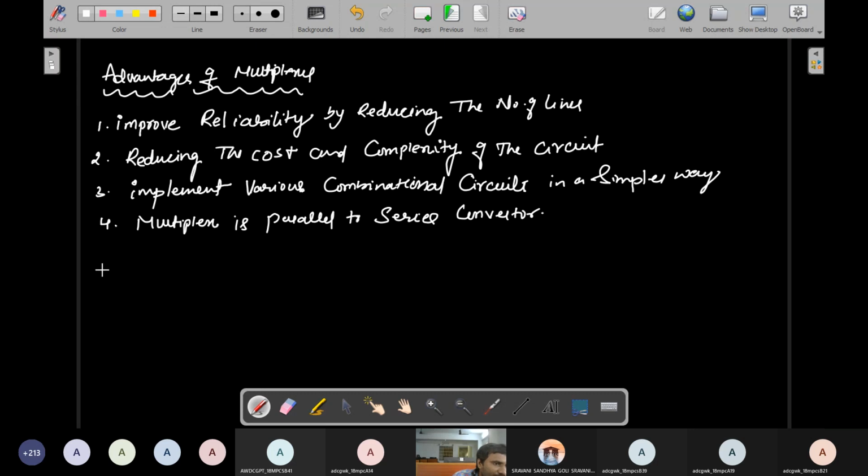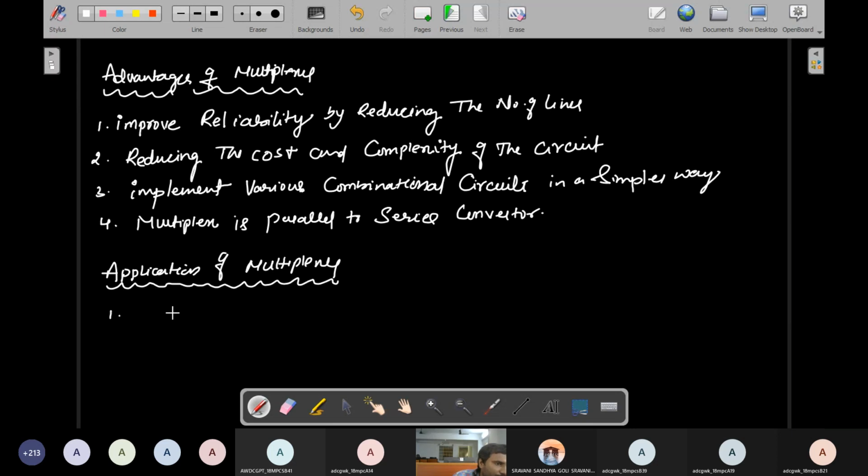That is called applications of multiplexer. So this is the application of multiplexer, and these are the advantages of multiplexer. So both are different. Applications means in which field the multiplexers are used.